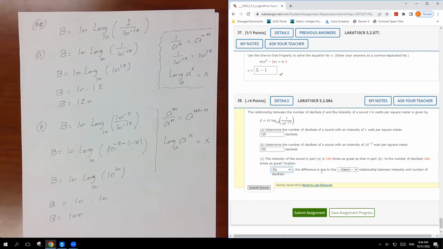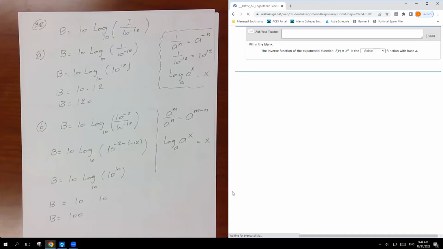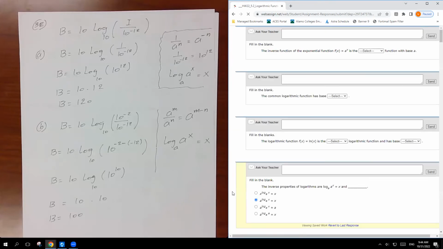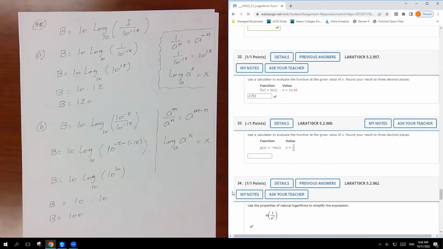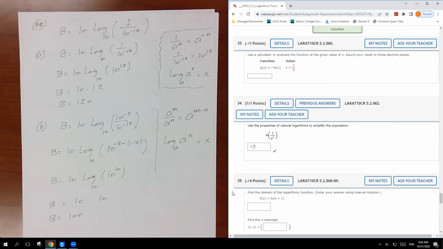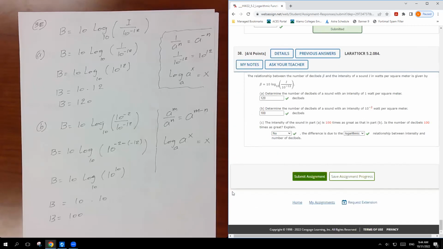The difference is due to the logarithmic relationship between the number of decibels and the intensity. That's it for this section.